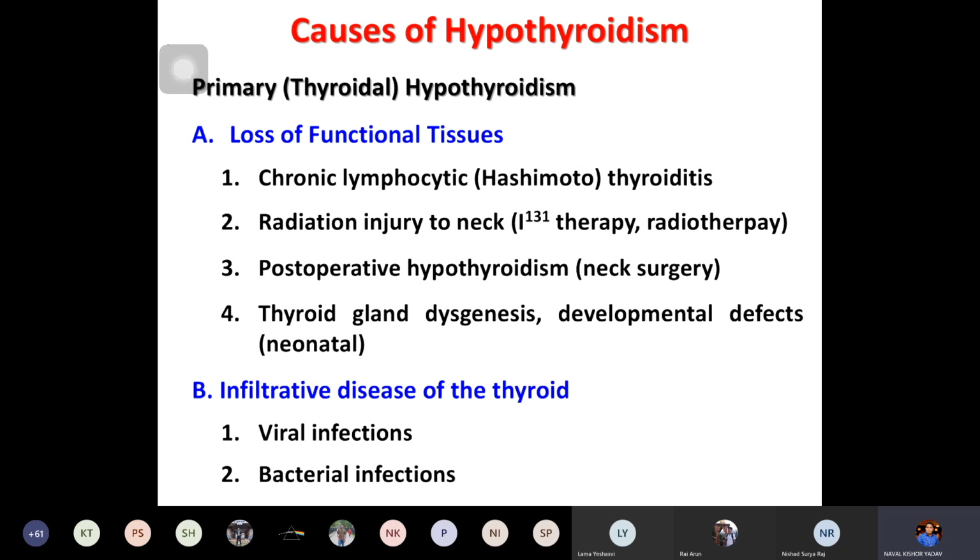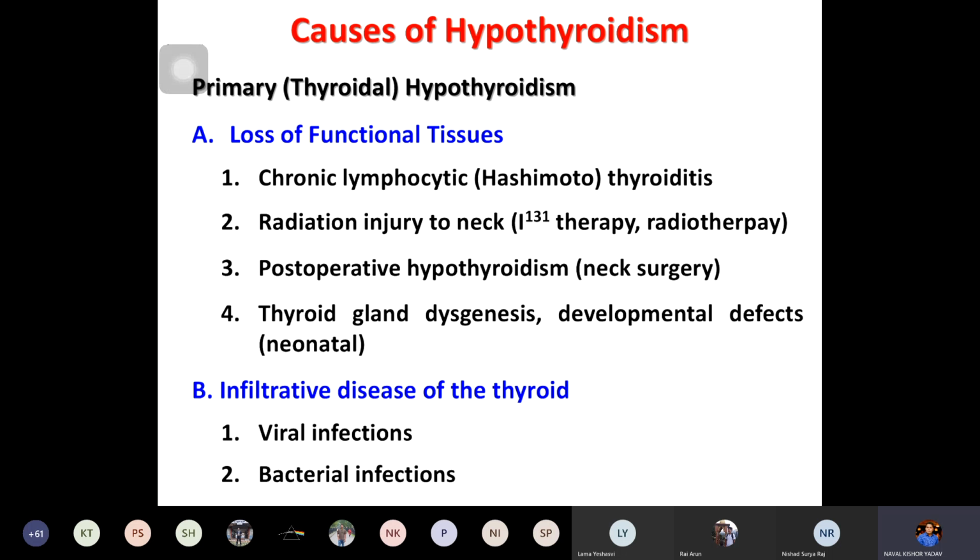Similarly, the second cause you can say is radiation injury to the neck. If they are suffering from some cancer, they will give radiation therapy, and that causes injury to the neck. Similarly, neck surgery, post-operative hypothyroidism. Thyroid gland dysgenesis, that is the developmental defects which you can see in neonates.